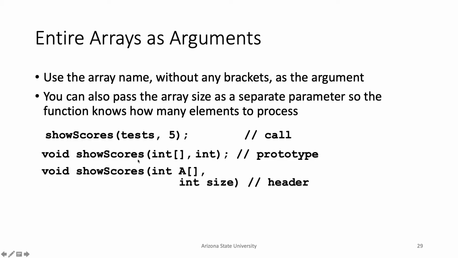So in this case, like a show scores function could, so I don't know what this 5 is supposed to do, but okay, yeah, I know what it does. So you can just pass the entire array, and then what you do in the header and the prototype of the function is you say wherever you want the array, just put square brackets with nothing in them. And that's what you usually do.